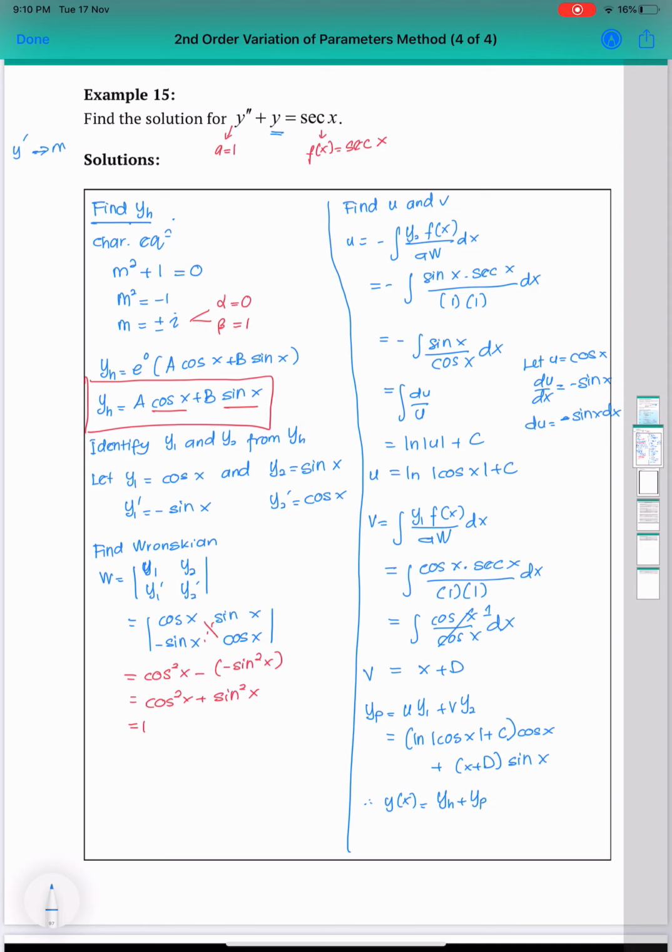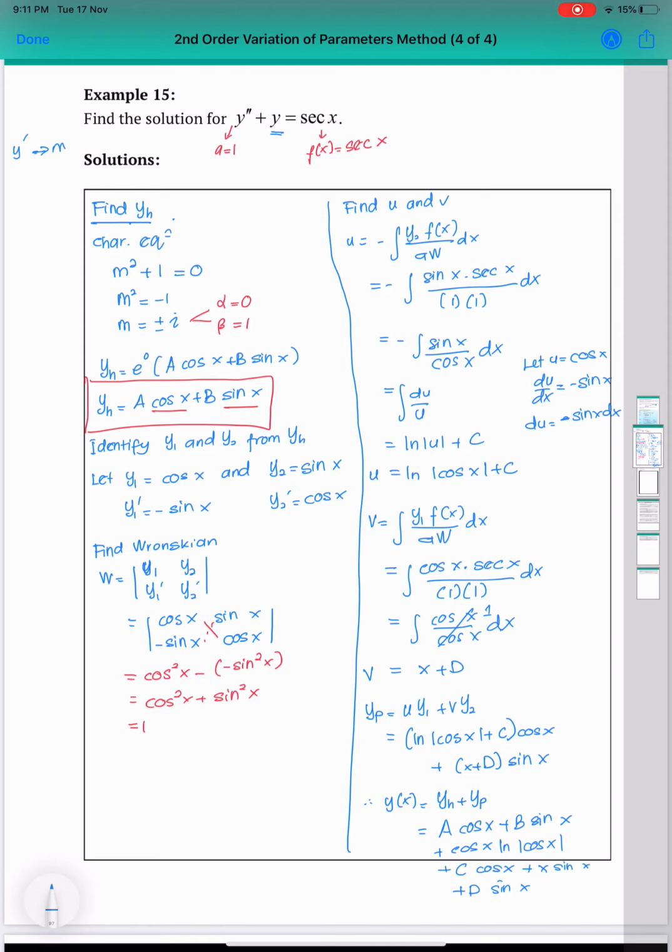So we have yh is a cos x plus b sin x, plus cos x ln cos x plus c cos x plus x sin x plus d sin x.